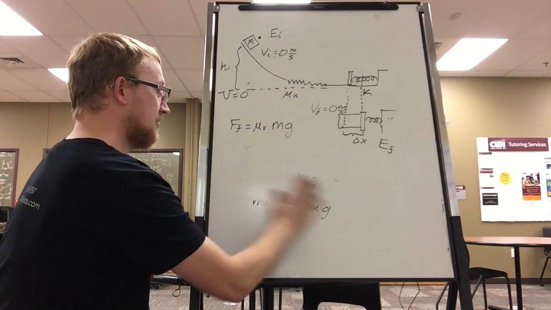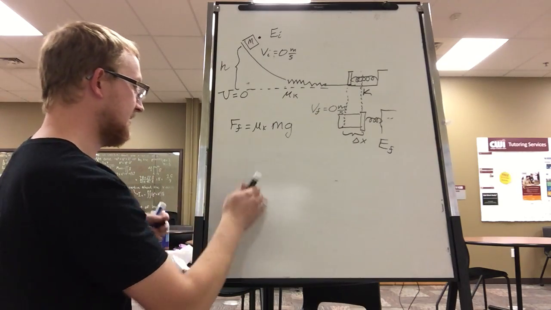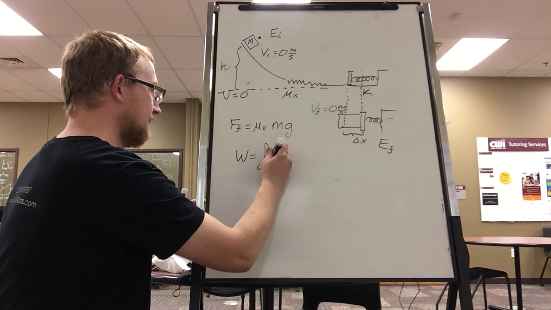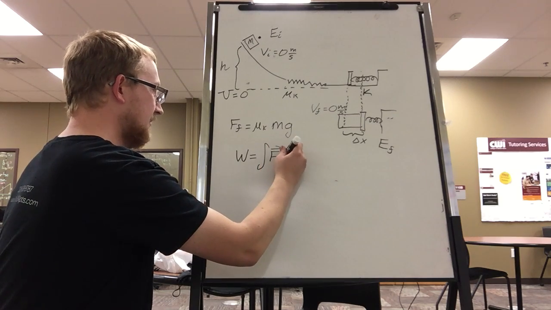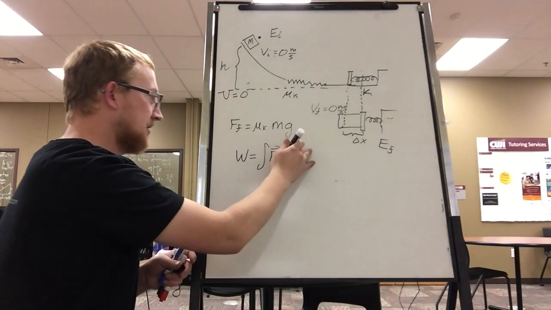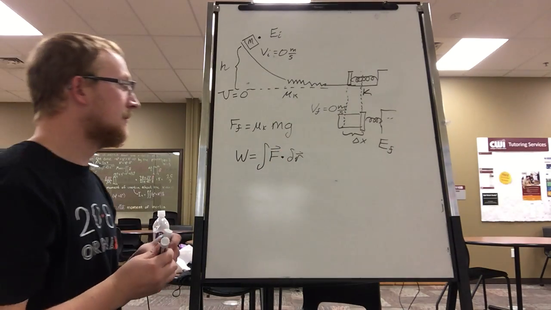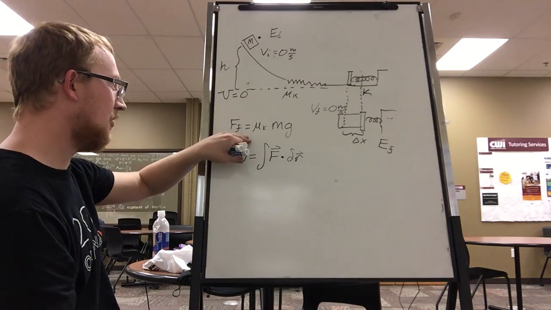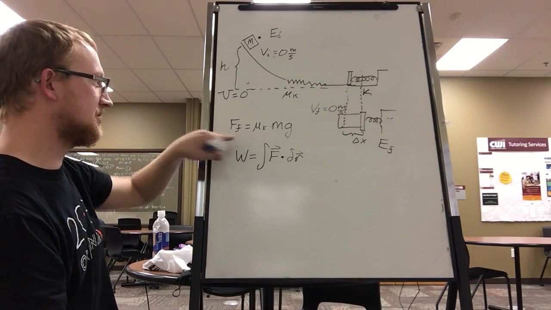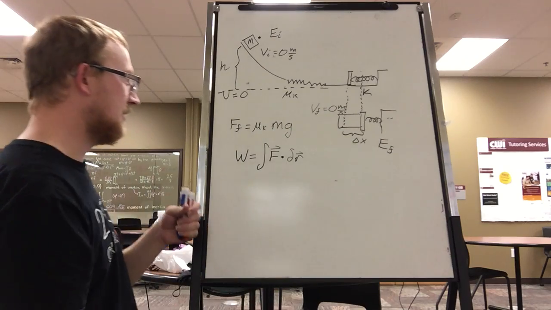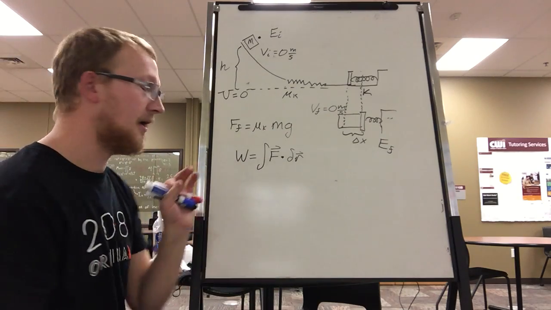The next step is we're going to use this idea again, that work is defined as the integral of the F vector dotted with our infinitesimal displacement vector. And the nifty thing about this is, as you'll recall, the friction force doesn't necessarily go up to its maximum unless you're pushing at its maximum.